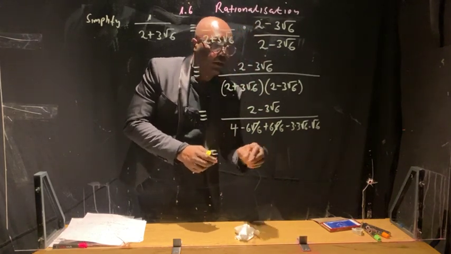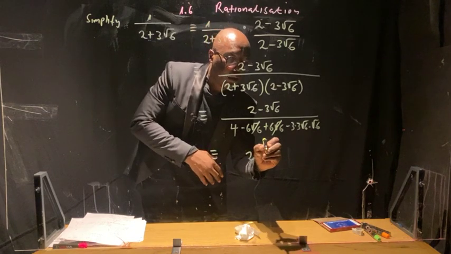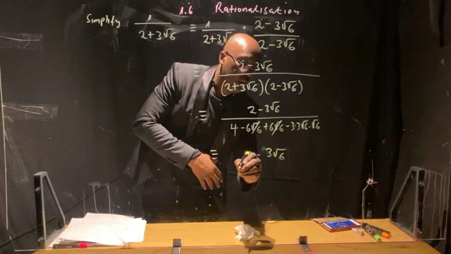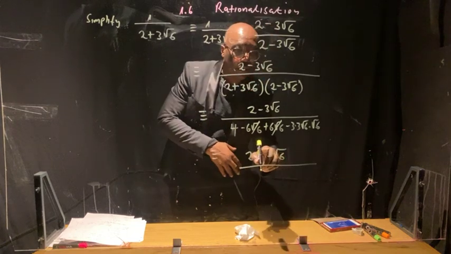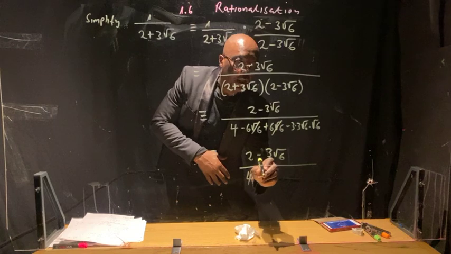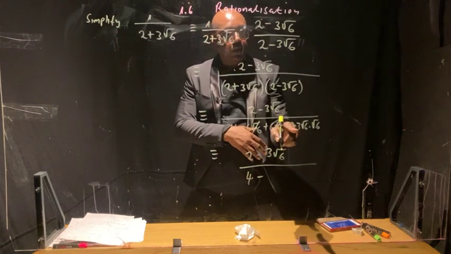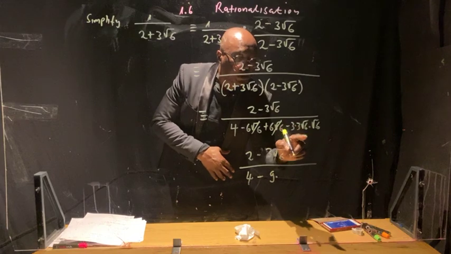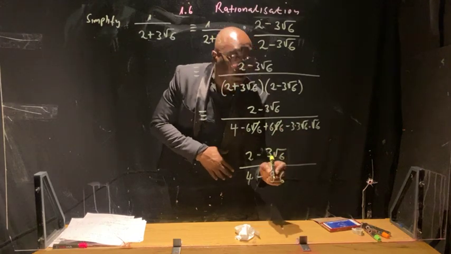the numerator 2 minus 3 root 6 over 4 minus 3 times 3 is 9. Root 6 times root 6 is 6.